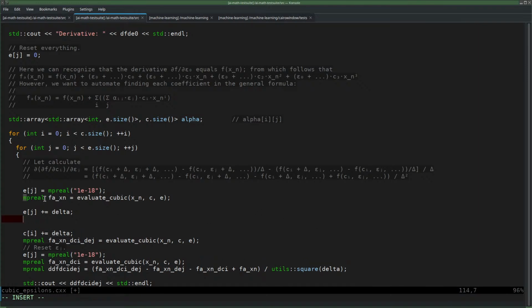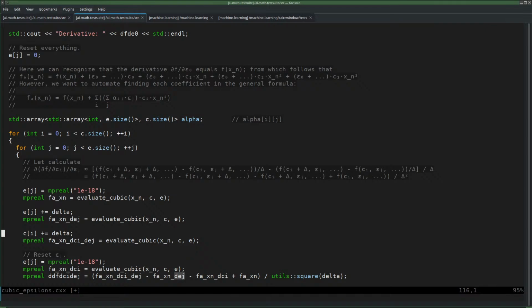And then we get this one with the delta epsilon j. And then we increase also the coefficient I, so then we get this one.